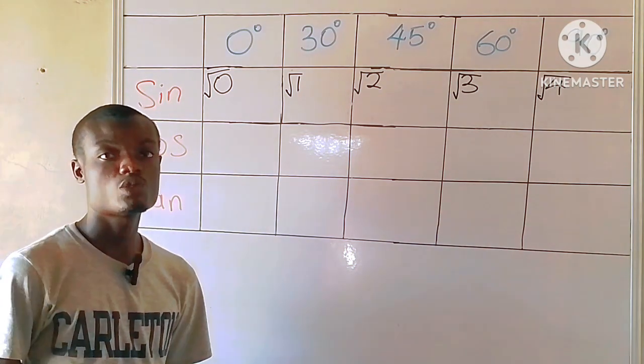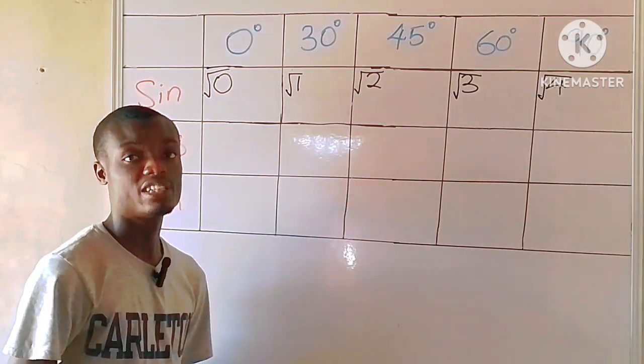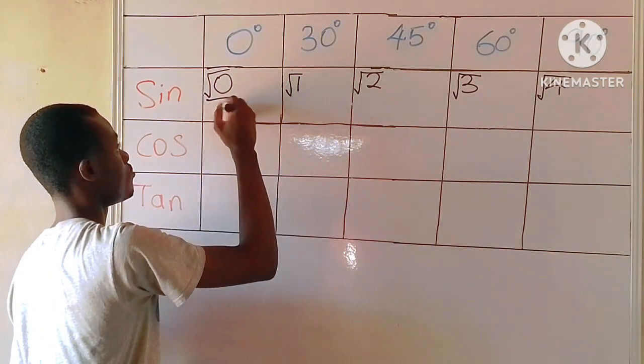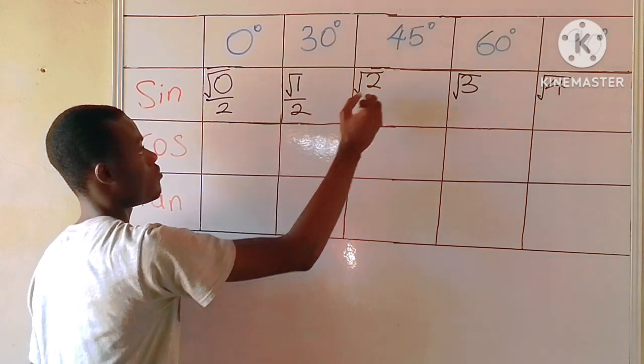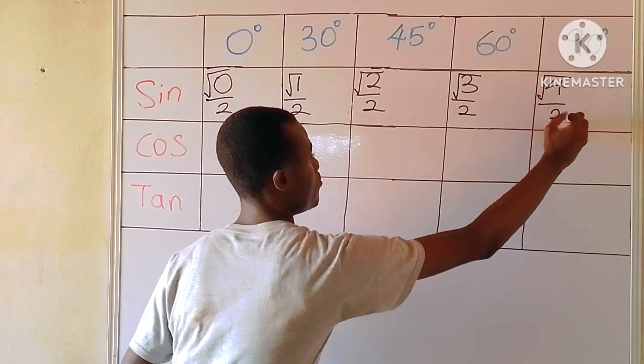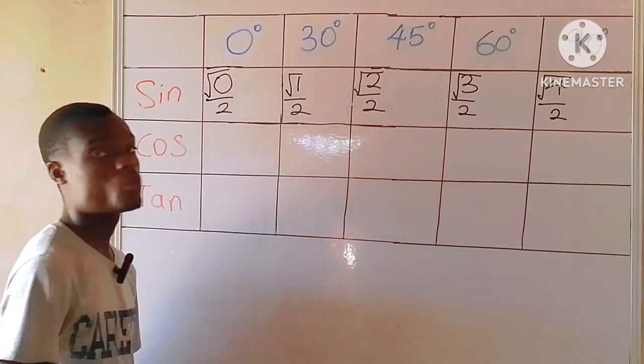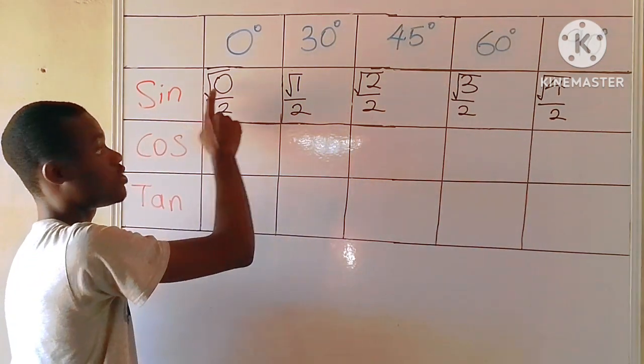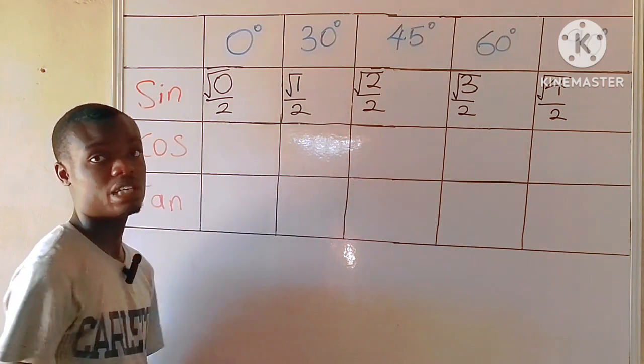And after taking the square root, we are going to divide through by 2. So we now have the square root of the numbers and we have divided through by 2.